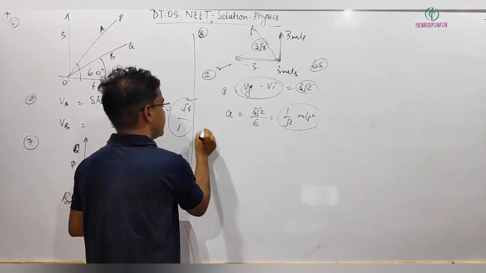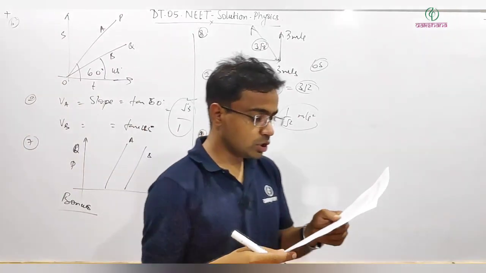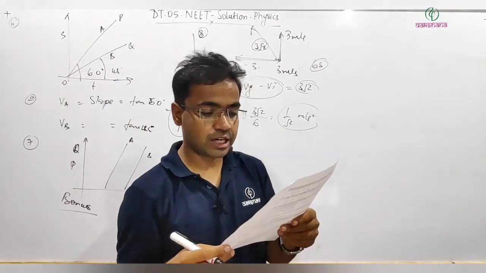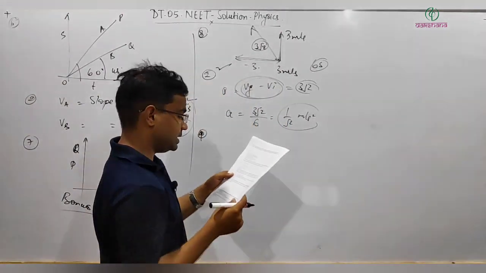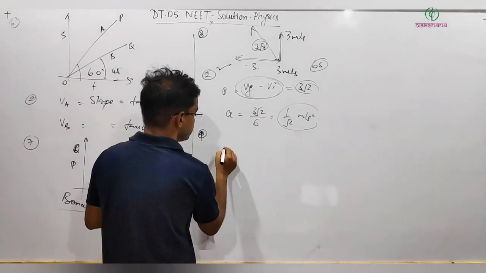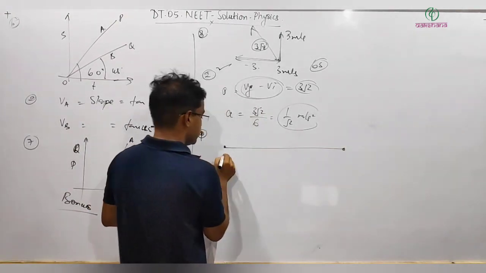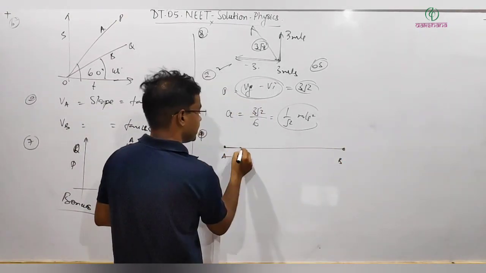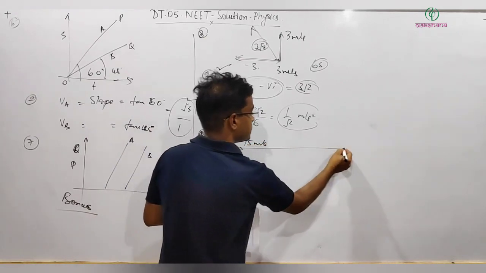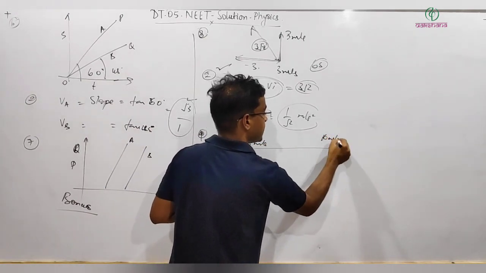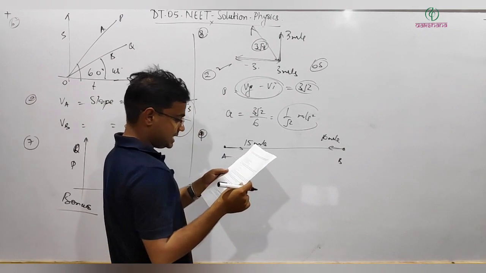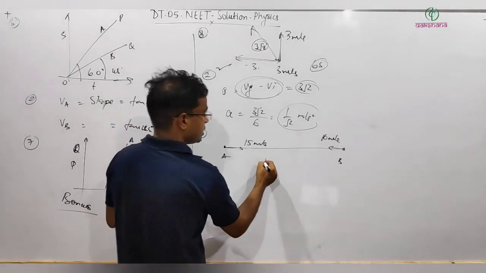So next, question number 9. Two cars are traveling towards each other on a straight road. Two cars A and B have velocities 15 meter per second and 16 meter per second towards each other respectively. They are 150 meter apart.